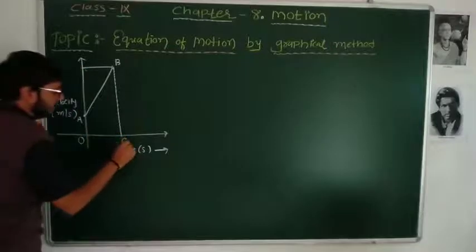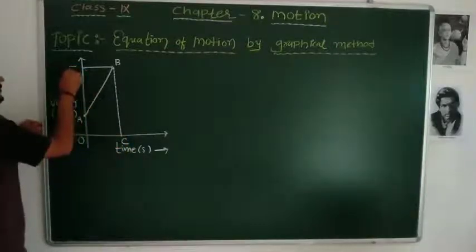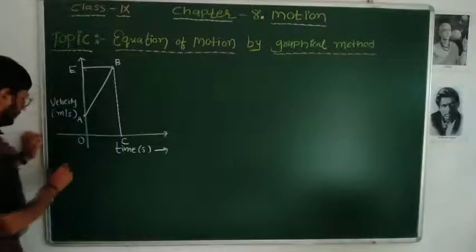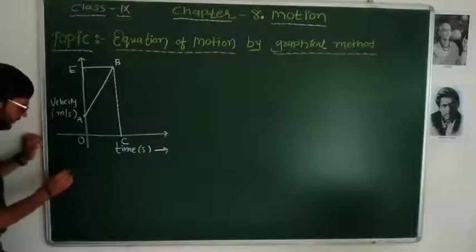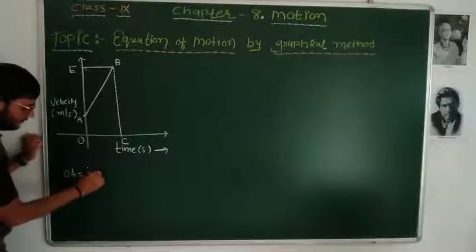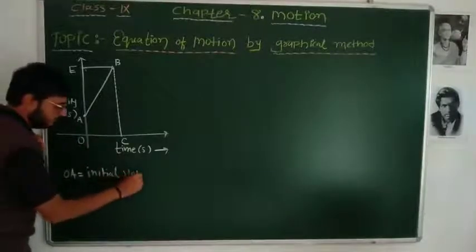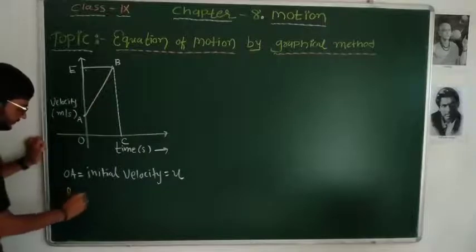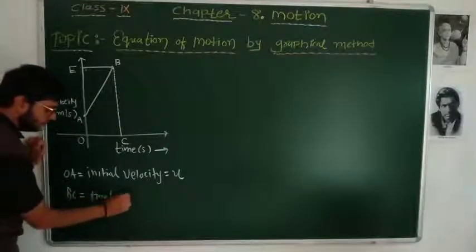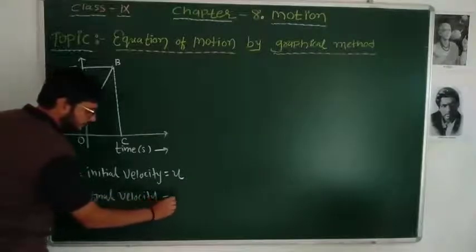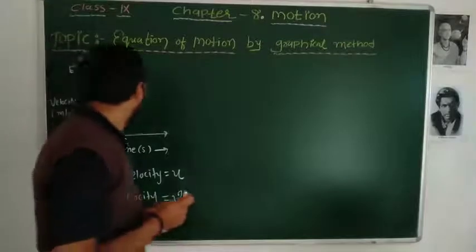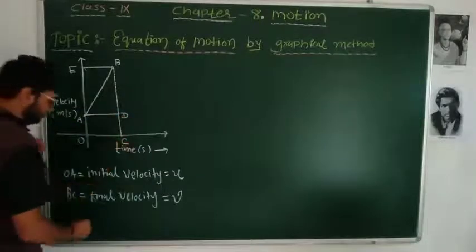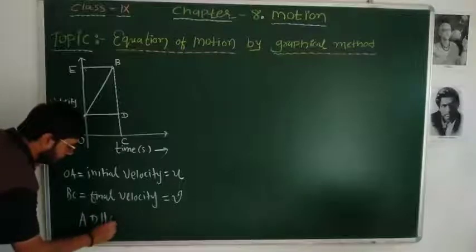This is C, this is E. From this graph, the initial velocity of the object is OA, that is U, and the final velocity is BC, that is V at time t. Now we draw the line AD parallel to OC.